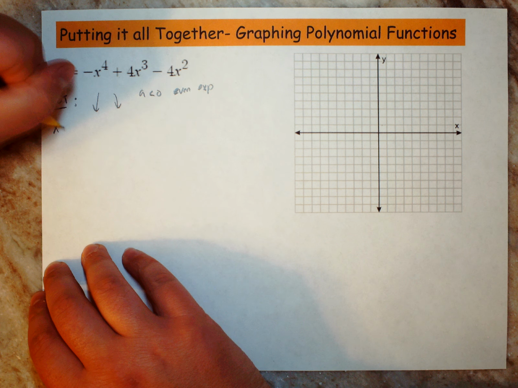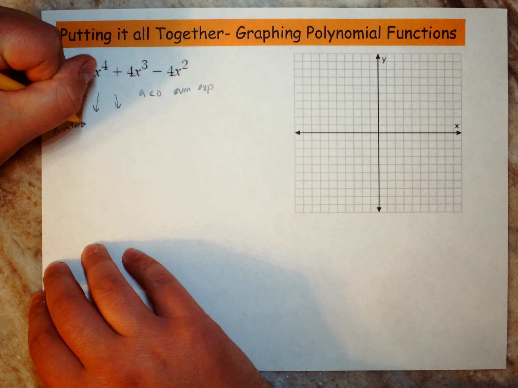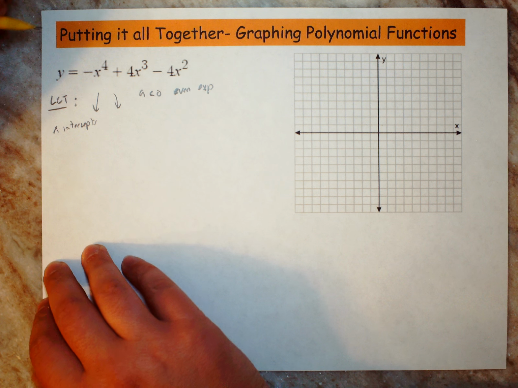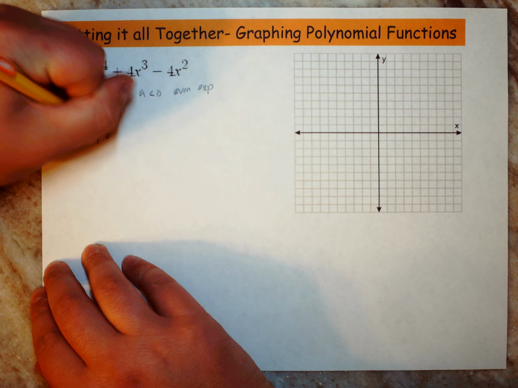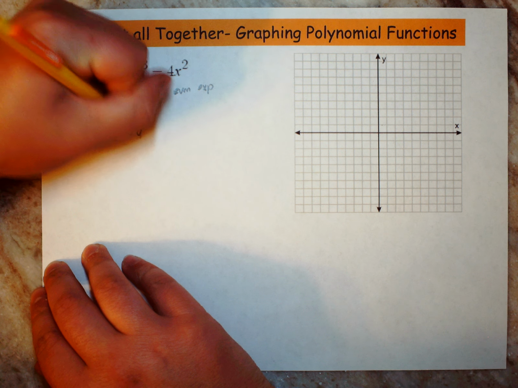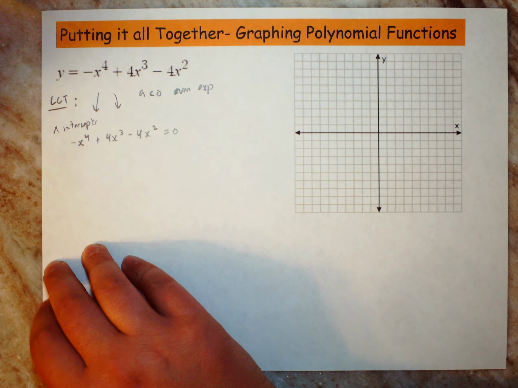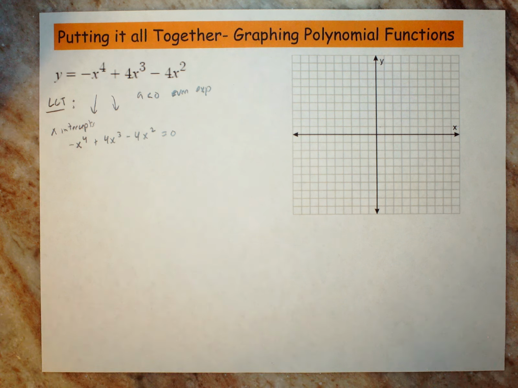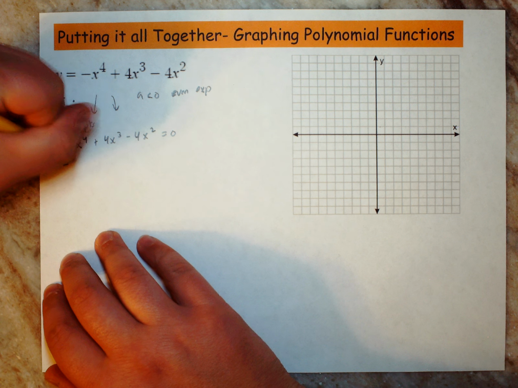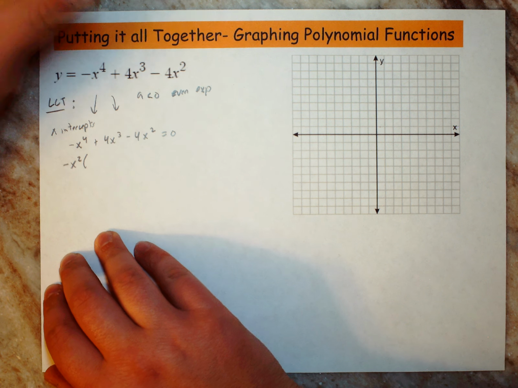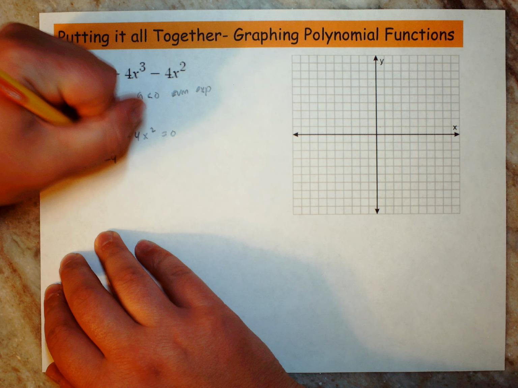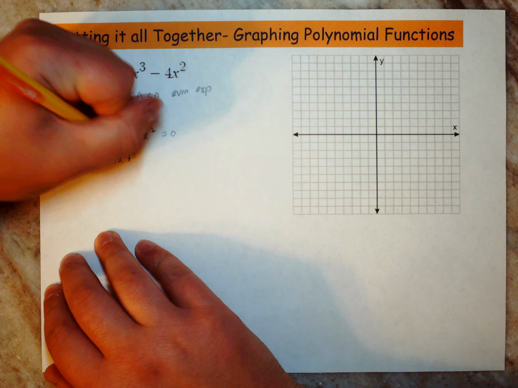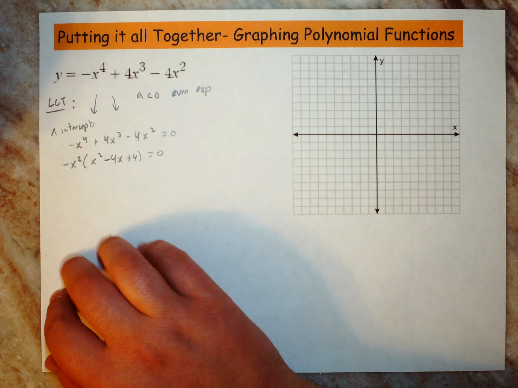For the x-intercepts, -x to the 4th plus 4x to the 3rd minus 4x squared equals 0. You're going to pull out a GCF. Your GCF is going to be -x squared. So when you do that, you're going to have x squared minus 4x plus 4 equals 0.